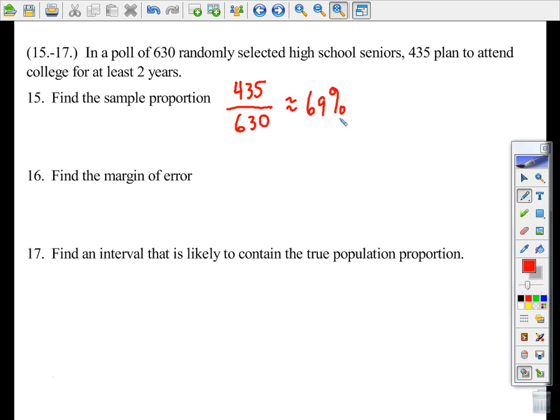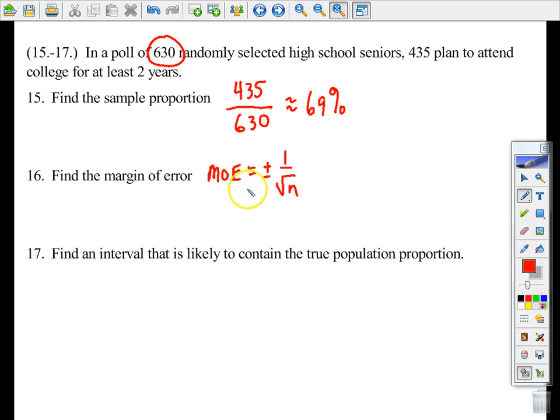Now the calculator says 0.69, but remember that's decimal form and we want the percent form. The margin of error, well, let me show you the margin of error formula and then we'll use it. Margin of error is equal to plus minus 1 over the square root of n. N is the number of people that we polled, in this case 630.